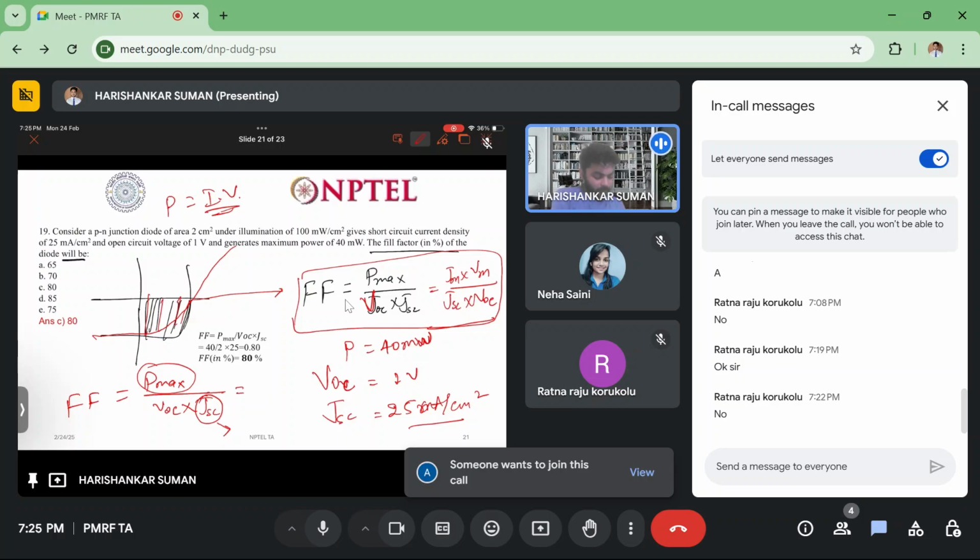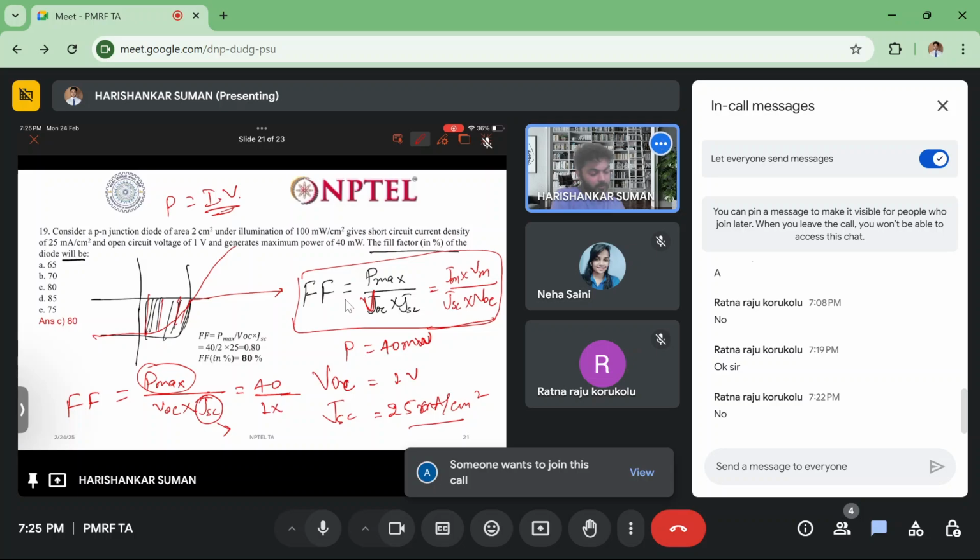So please find the area per centimeter square, then you will get P maximum is 40 and VOC is 1, open circuit voltage, and JSC.